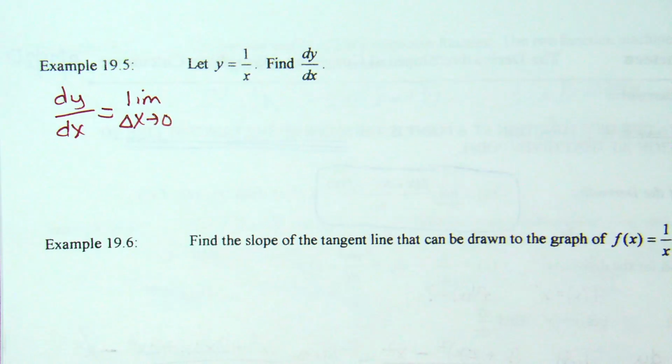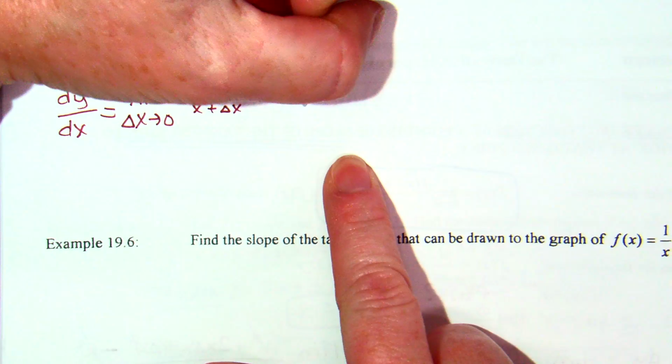If my function is 1 over x, that x now becomes x plus delta x. So it is 1 over x plus delta x minus f of x, which is just the 1 over x, all over delta x.